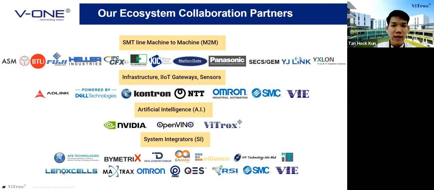And here is a list of our ecosystem collaboration partners. As V1 itself is more of a software-based solution, in order to make it easy for our customers to implement V1 within their operation, throughout the year, we've been collaborating and working closely with quite a number of system integrators throughout Malaysia, where they are working with us in terms of supplying all the necessary hardware, server, and sensors, and also IoT technology gateway, and also providing our customers consultation in terms of machine integration.